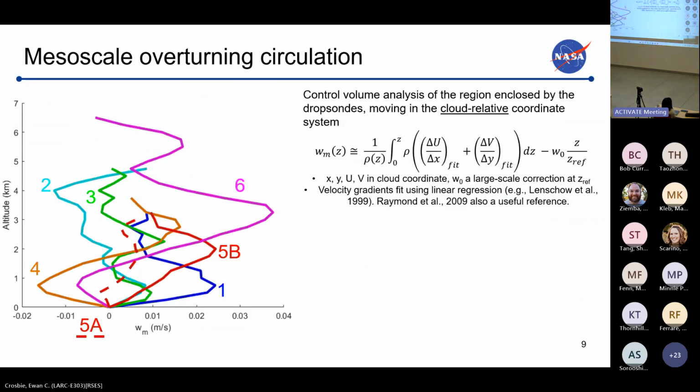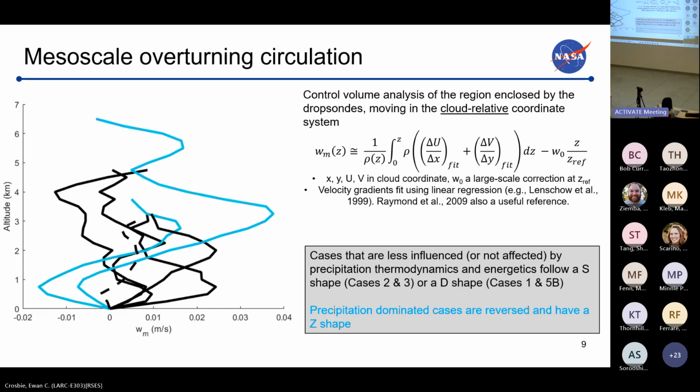We can use them to calculate an effective mesoscale vertical velocity profile. And when you do this, there's quite a lot of mess in this plot, but if you highlight the ones which had that precipitation dominance to them, they have a distinctly different vertical profile of mesoscale velocity. Again, I thought that was quite an interesting finding with respect to the link between precipitation and the mesoscale vertical velocity.